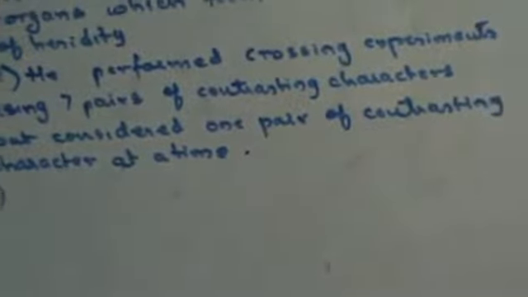Then he conducted enough number of crosses and reciprocal crosses to eliminate chance factor. So he did the experiment so many times that he knew that the results were definite. It is not just coincidence because of which he is getting these results.